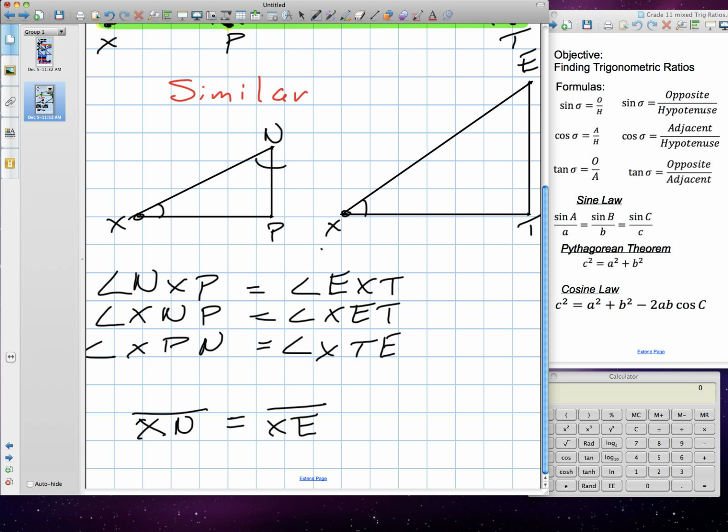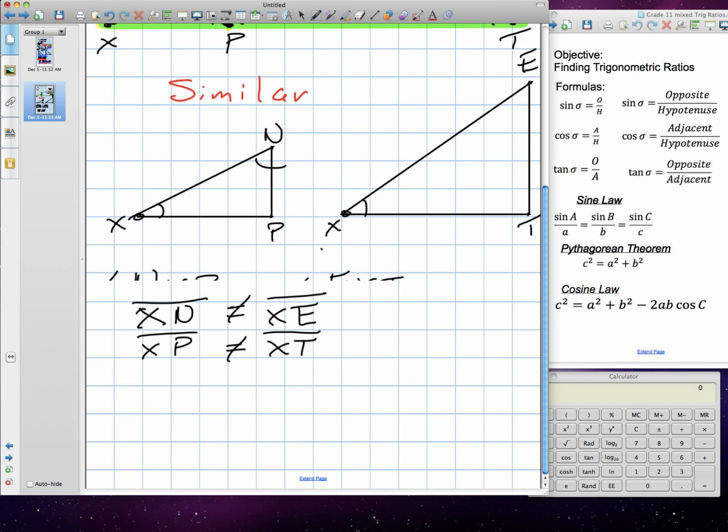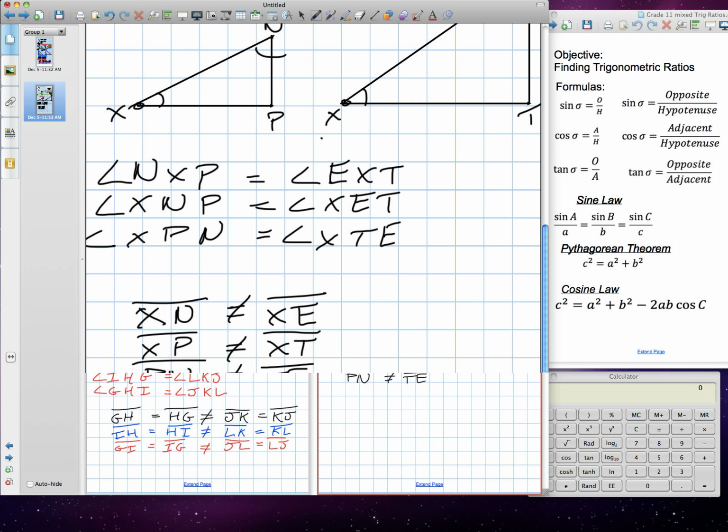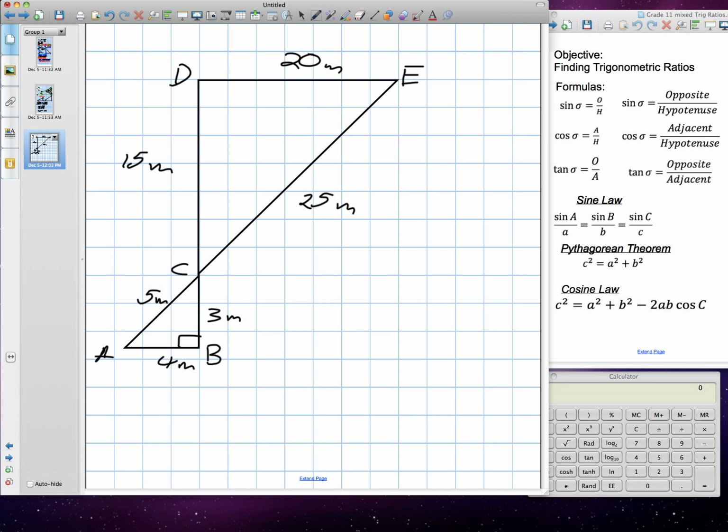Is side XN equal to side XE? Are they equal sides? Nope. Is XP equal to XT? Nope. That's why they're similar. And finally, what's our only other option? PN is not equal to TE. Good.